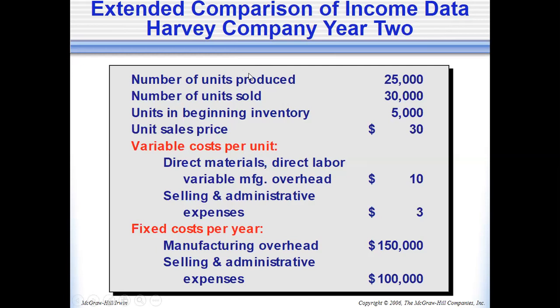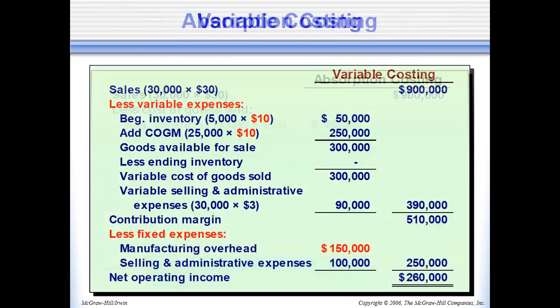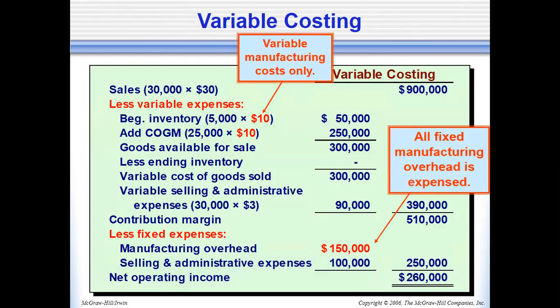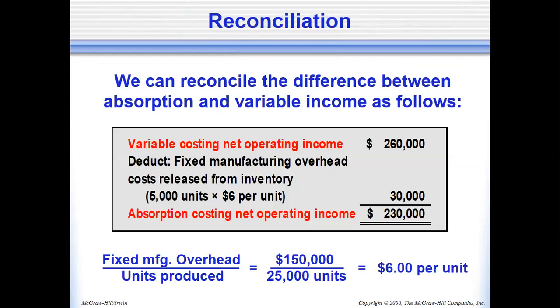Therefore, the variable costing income would be greater by 30,000. That's the 5,000 difference multiplied by the manufacturing overhead cost per unit. So 5,000 times 6, that's 30,000. That's how we got our reconciliation and comparison of the two. We can notice that the variable costing is greater now than absorption, with higher sales.